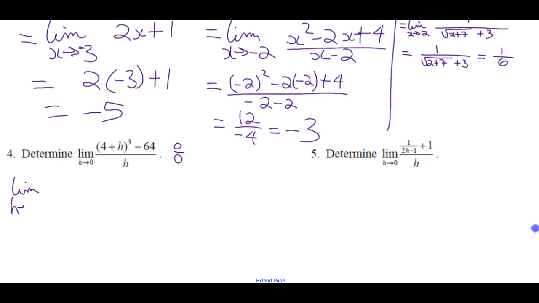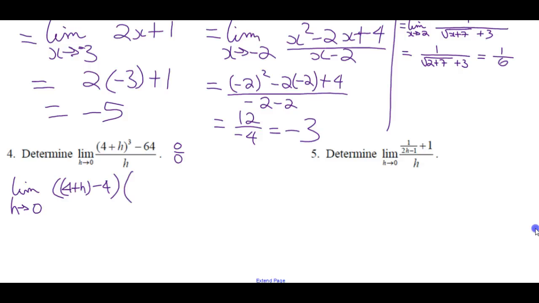So it's the limit as h approaches 0. One of the factors has the same sign, so it's going to be 4 plus h minus 4. So that's your first factor, right? It's like a minus b. Just think of 4 plus h as being a. And right now we're looking at a cubed minus b cubed. So that's a, that's b.